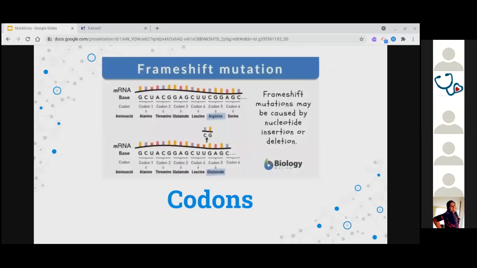So the reason why adding 3 or a multiple of 3 base pairs is less harmful than adding any other number of base pairs is because there are some biological processes where DNA nucleotides are read in groups of 3.